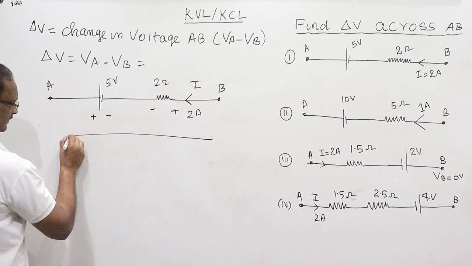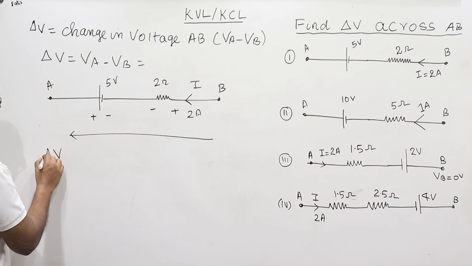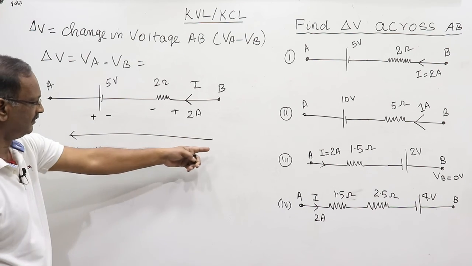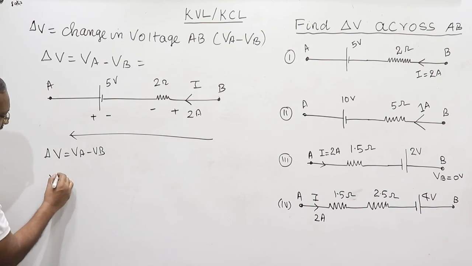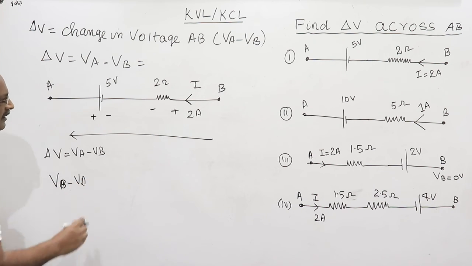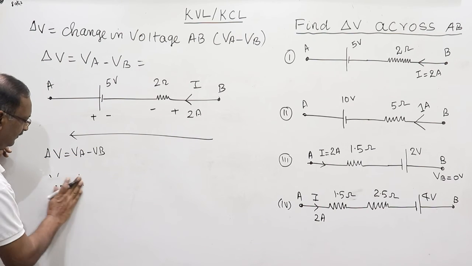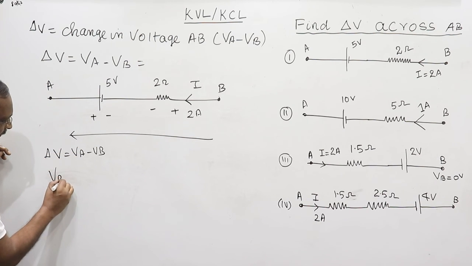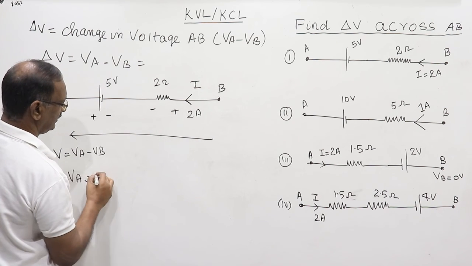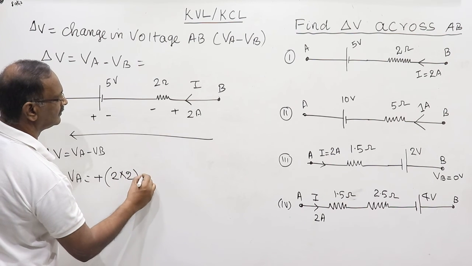Assume we move this way. We want to know delta V, which is equal to VA minus VB. Since now we are moving from B to A, that is VB minus VA, because we are moving from potential B to potential A. From here to here it is higher to lower potential, so I is equal to 2 ampere, R is equal to 2, plus.